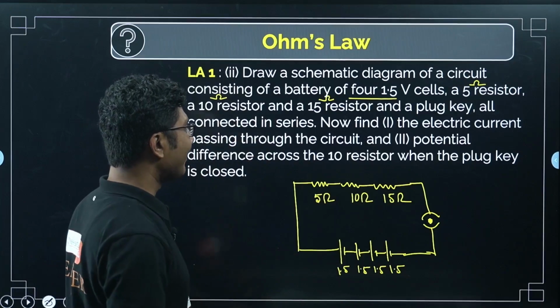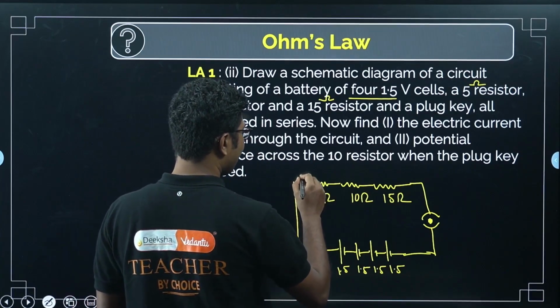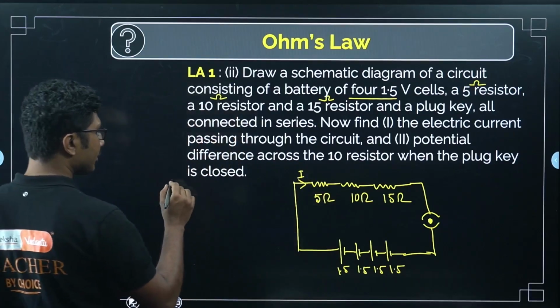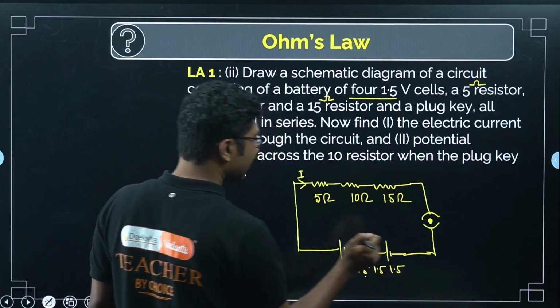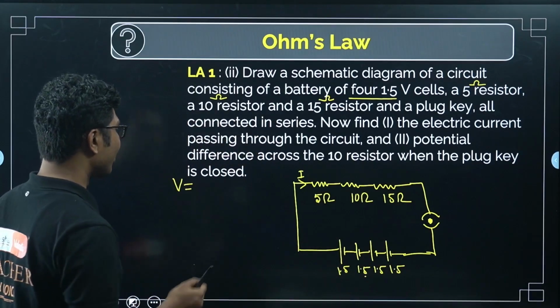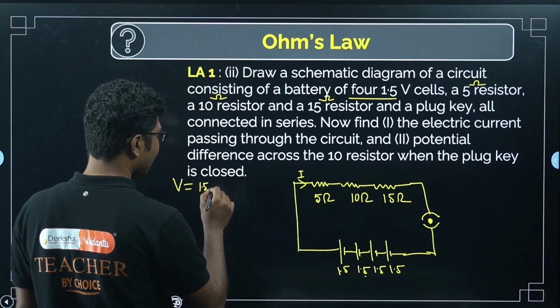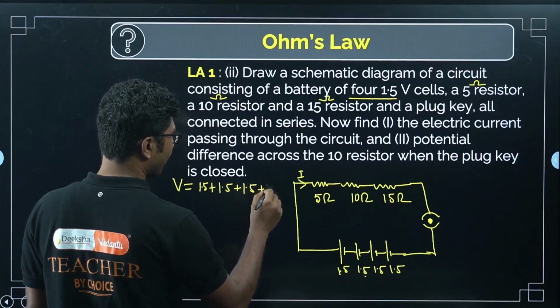Now what they have asked is to find the electric current passing through the circuit. First of all, we have to find the total potential difference. Here four cells are connected in series, which means their potentials will be added: 1.5 plus 1.5 plus 1.5 plus 1.5.